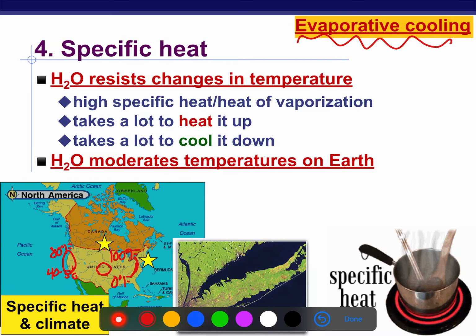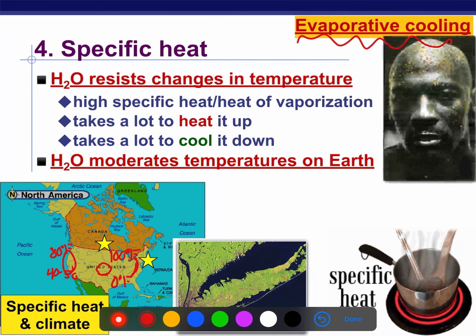The specific heat also leads to this idea of evaporative cooling, or that high heat of vaporization, meaning that it takes a lot of energy to get water to go from the liquid state to the evaporative state. When it does, though, or when water does go from that water to vapor state, this thing called evaporative cooling takes place, or what is left is a cool feeling from where that water once was.